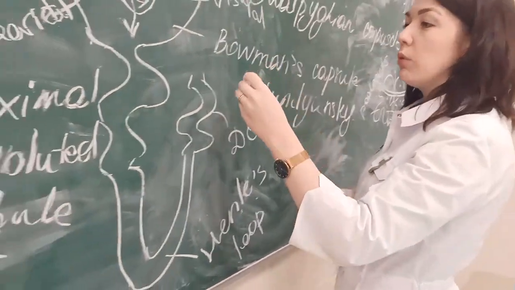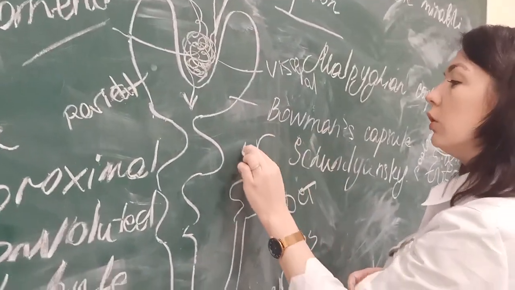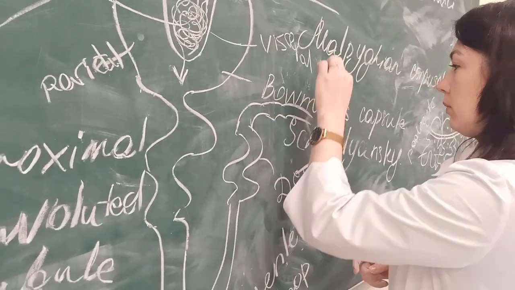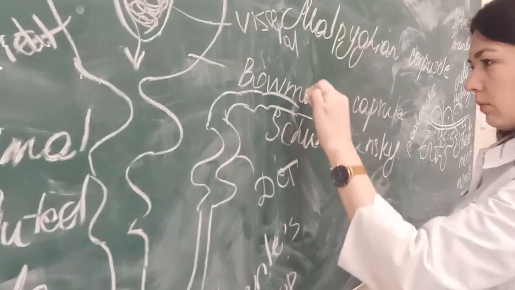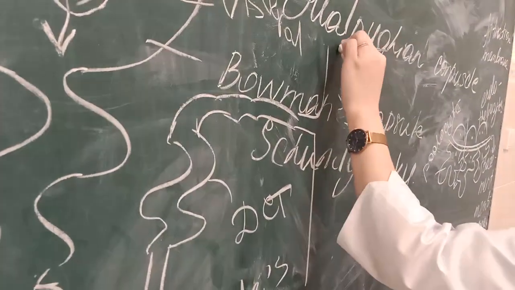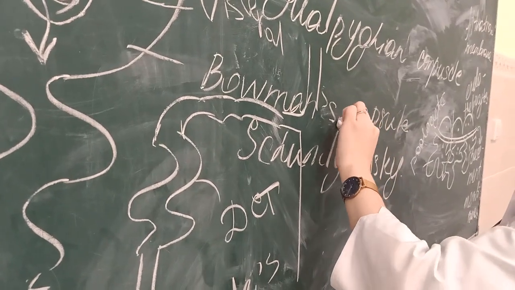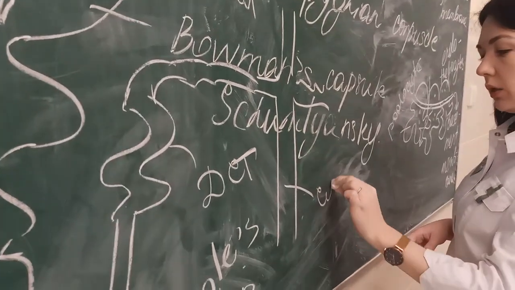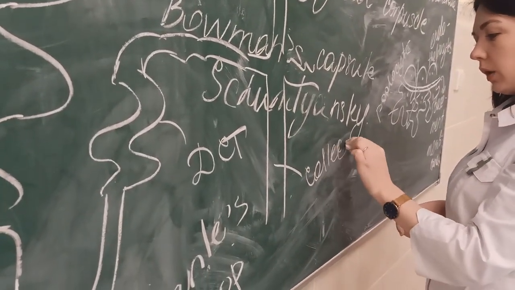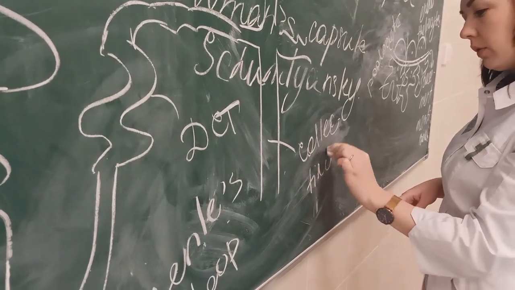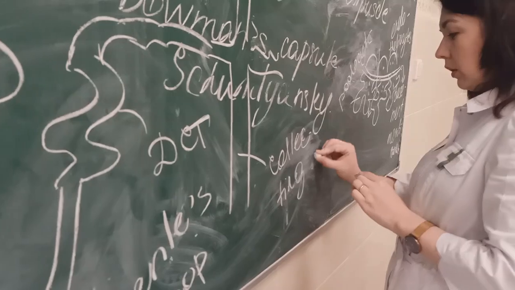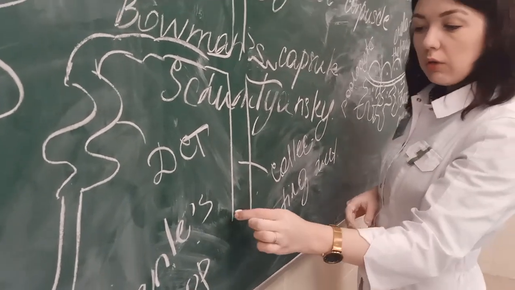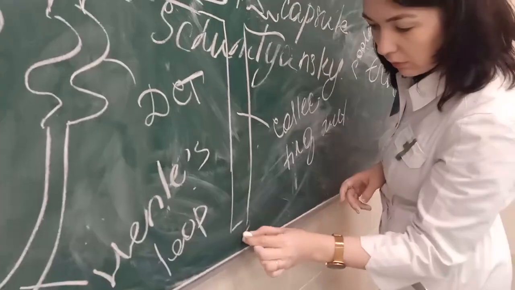And then from the distal convoluted tubule, it goes to the collecting duct. Actually many nephrons continue to the collecting duct. So these are collecting ducts.